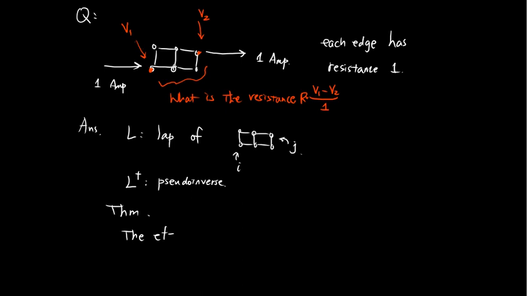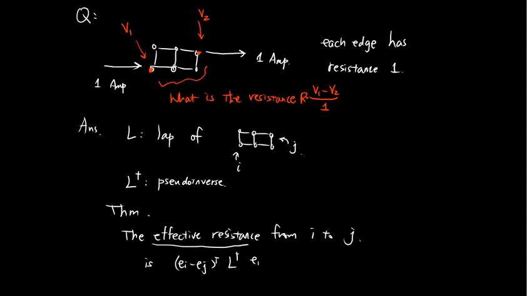The effective resistance from I to J, it depends on the vertices that you want, right? From I to J is equal to this formula, EI minus EJ transpose L dagger EI minus EJ. And here EI is equal to all zeros with a 1 at the ith position.